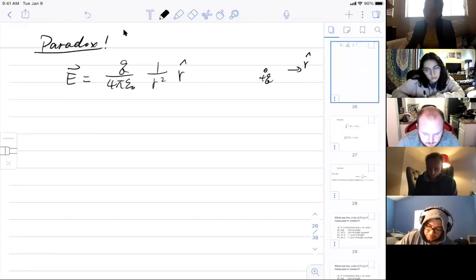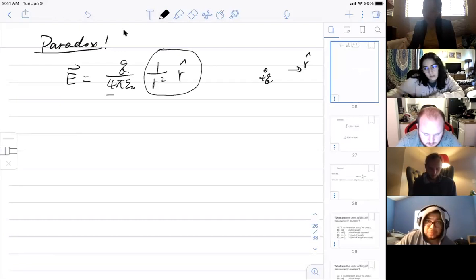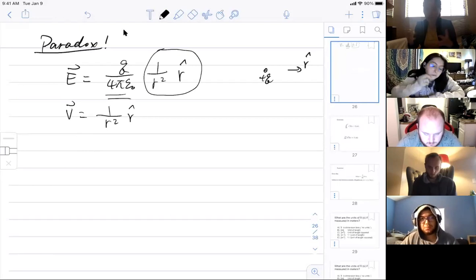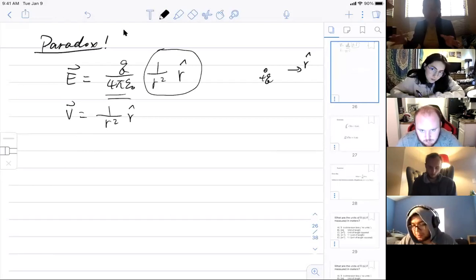Never mind the constants, we're just going to focus on the actual 1 over r squared r hat, because these are just constants. I'm going to rewrite that as 1 over r squared r hat, calling it v, a vector field. But you know that it's really physically representing something like a point charge, like an E field. Mathematically, imagine you have something like this, and I'm going to take the divergence of it.